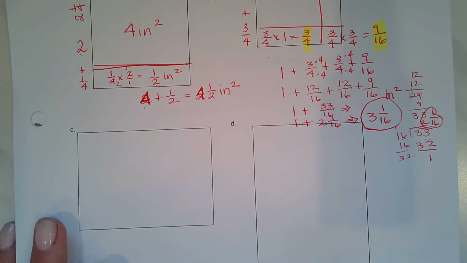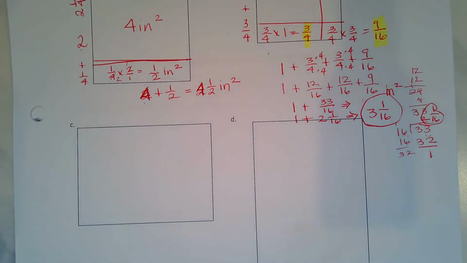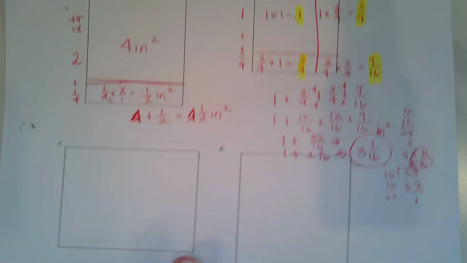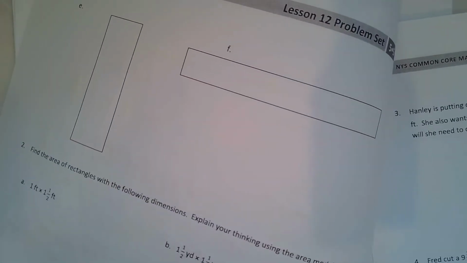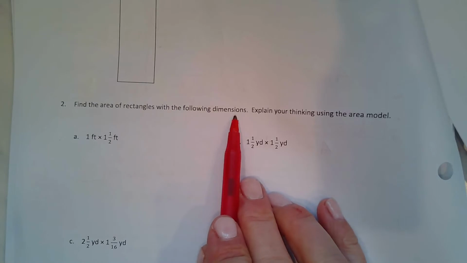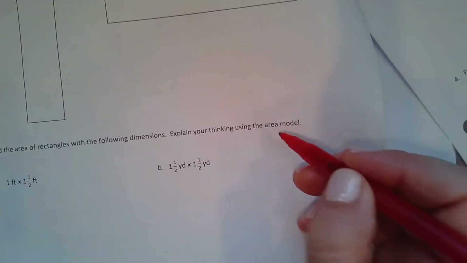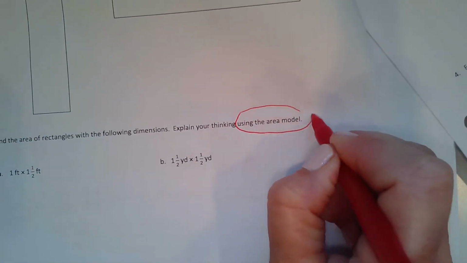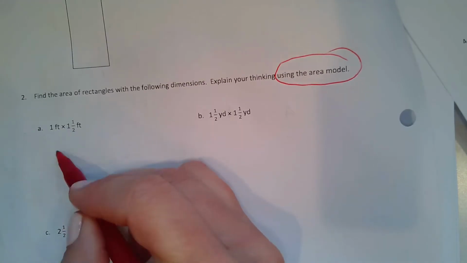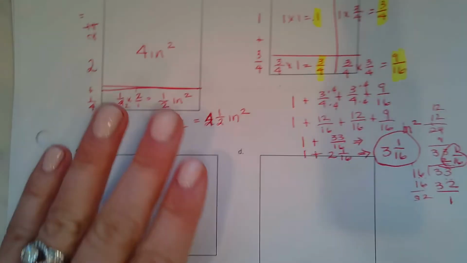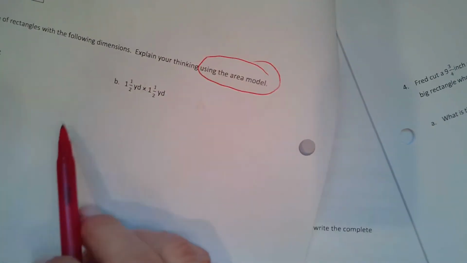Now, the rest of the problem set is technically there for you to do. On the backside, you're going to find the area of the rectangles with the following dimensions. Explain your thinking using the area model. So you're going to draw it out just like we did here. Label your sides.